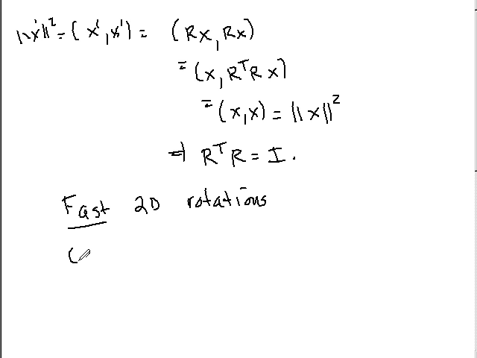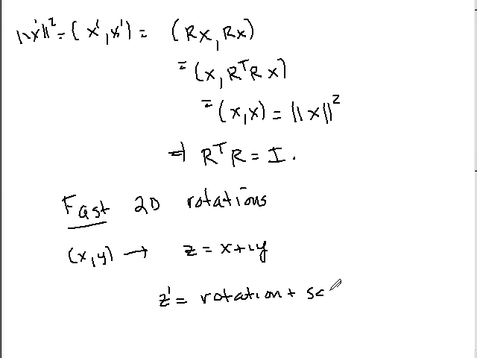I take my number, xy, I formulate a complex number, x plus iy. I then take another complex number, z prime, which is a rotation and scaling. Then z prime times z equals the result.